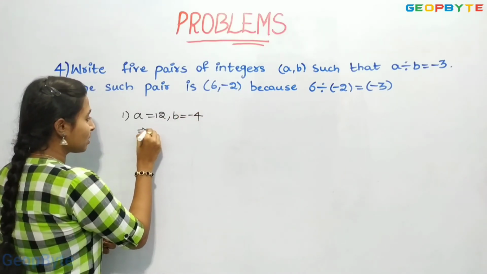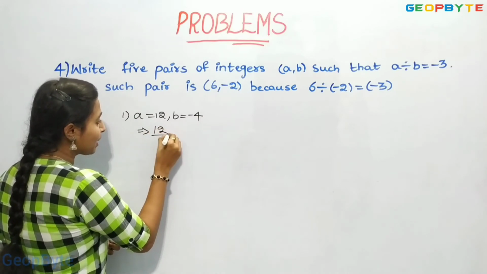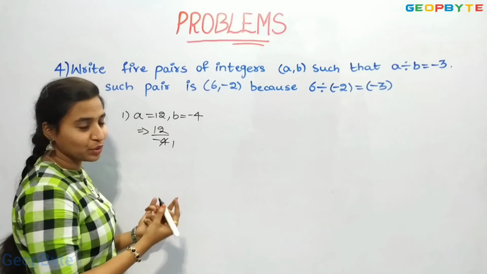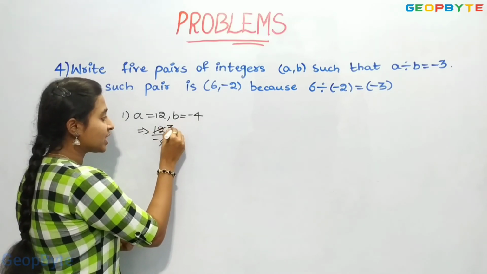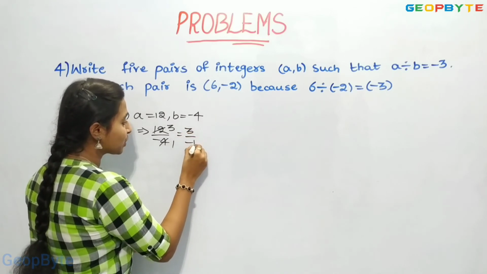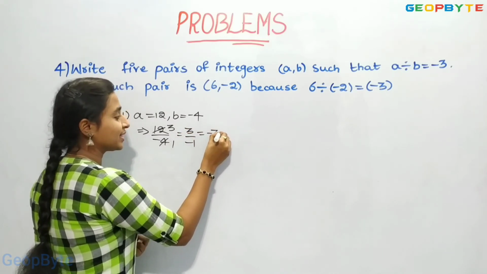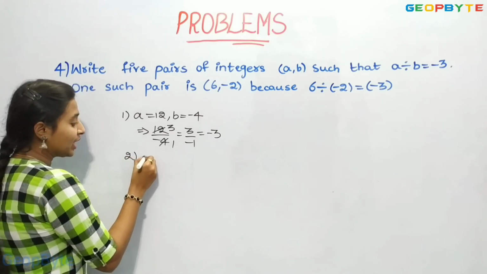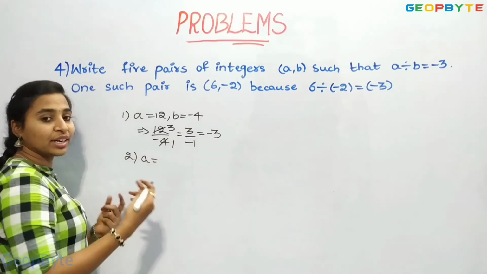Now, 12 by minus 4 is 4 ones are 4, 4 threes are 12. That is 3 by minus 1 is equal to minus 3. Right? Now, we will take this condition reverse.